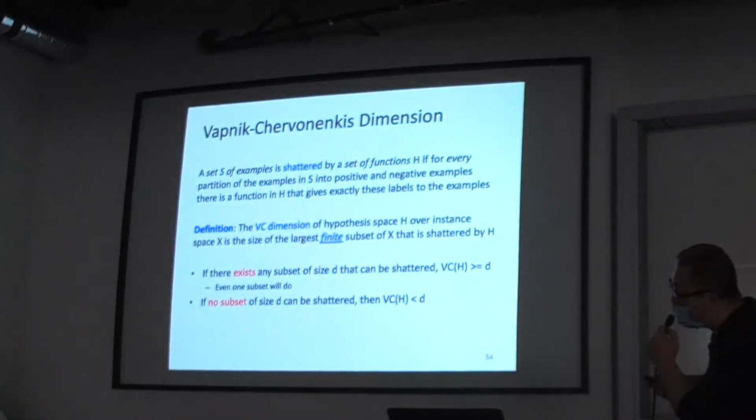And as long as you can show that these particular 3 points can be shattered by your classifiers, then you can claim that your VC dimension is at least 3. It's not necessary to show that every 3 possible locations can be shattered by H. So this is an existence statement. And only when you cannot find any subset of size D that can be shattered, you can claim the VC dimension is less than D.